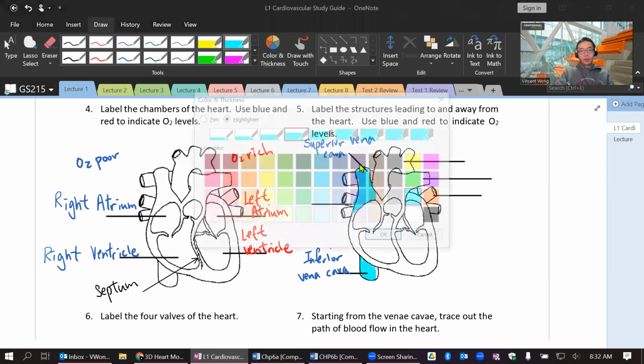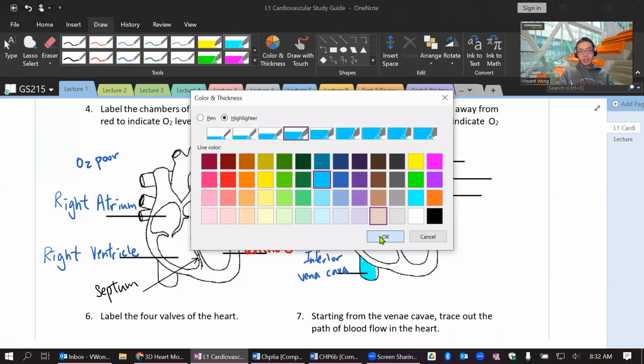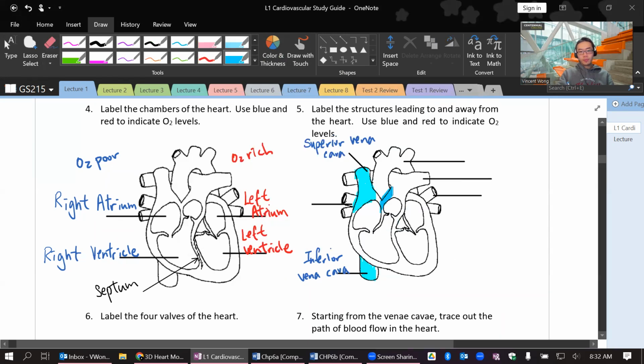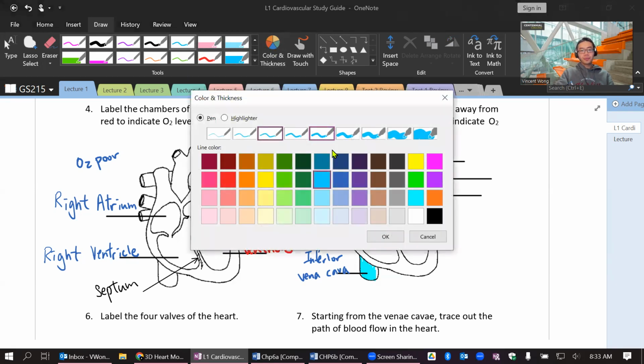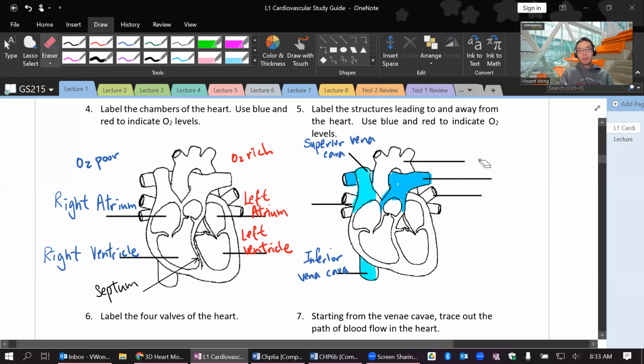Over here, we have another vessel. I'm just going to use a slightly different shade of blue, like that. Sorry, just going to find the same color as before. That would be the pulmonary artery. Pulmonary artery, taking the blood to our lungs, right, for reoxygenation.